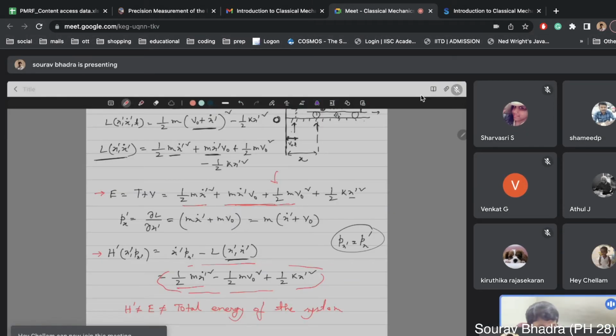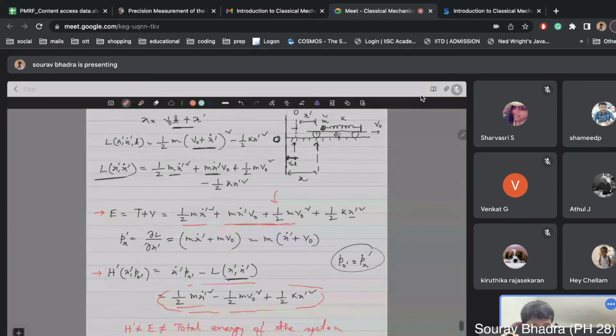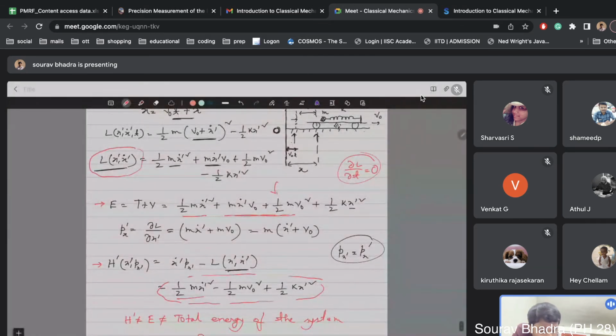Okay, but there is a but. This was the L in that x dash coordinate, and there is no time dependency. So del L del t is equal to 0 for this particular coordinate system, which tells you that dH dt is also 0. That means H is conserved.